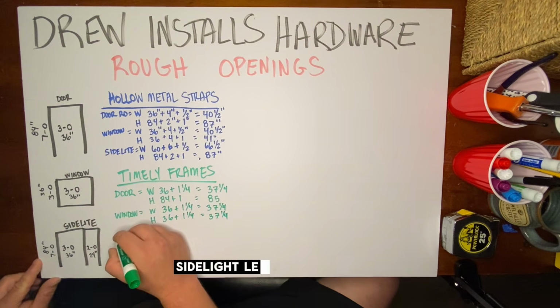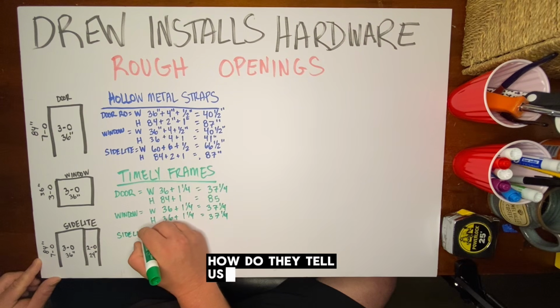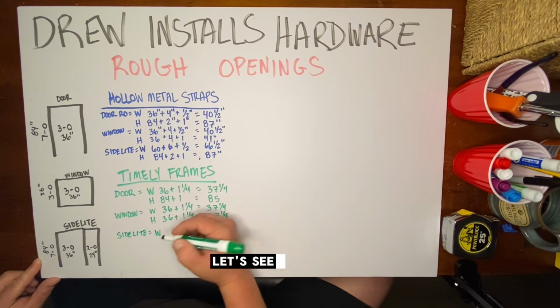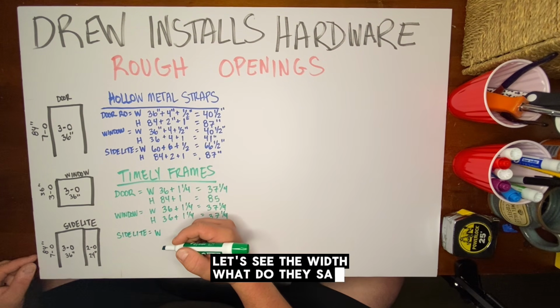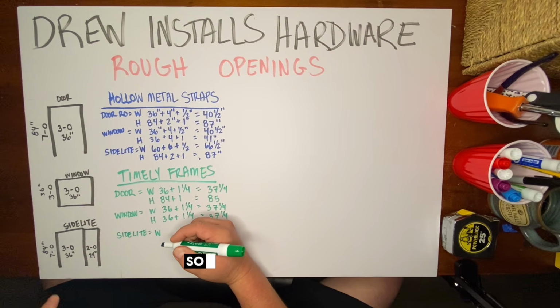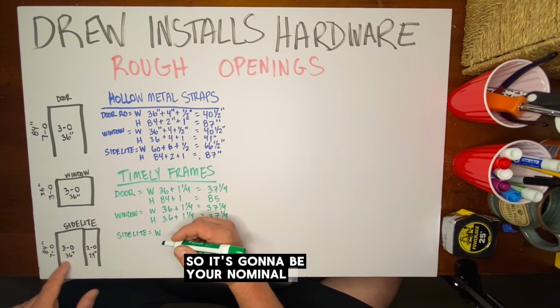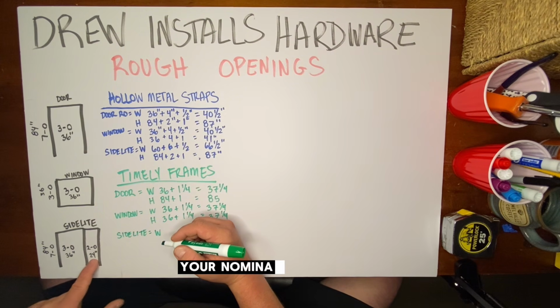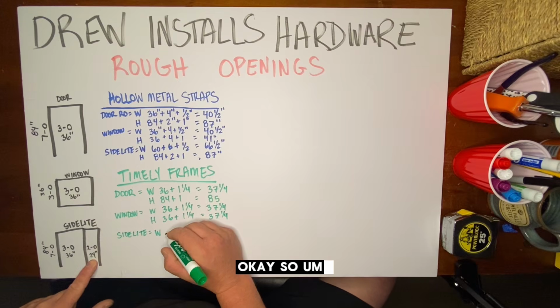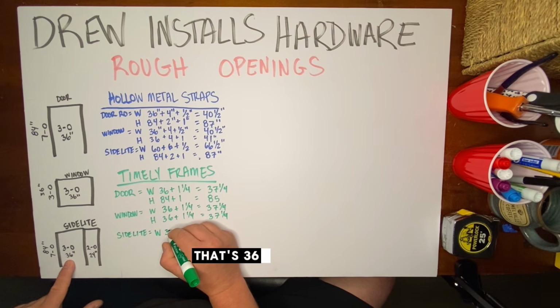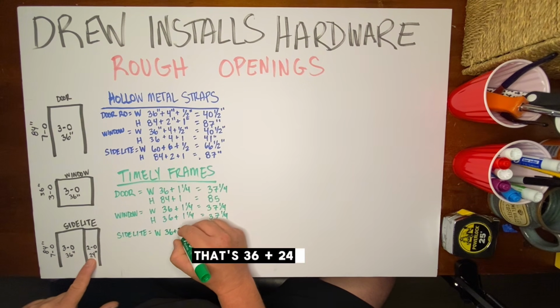Side light. Let's do a side light. How do they tell us to do a side light? Let's see, the width. What do they say? Okay, so it's going to be your nominal door width plus your nominal window width. So we can just go, that's 36 plus 24.